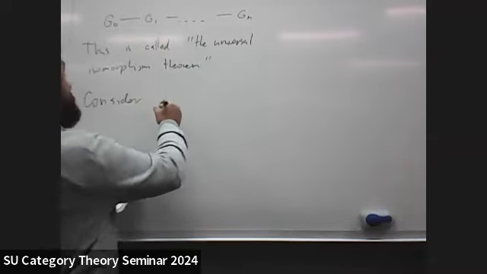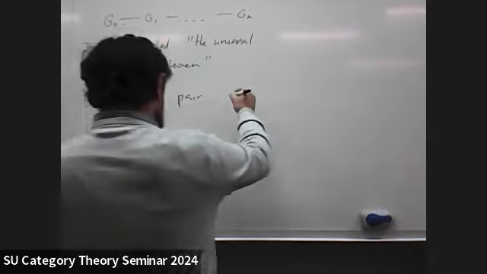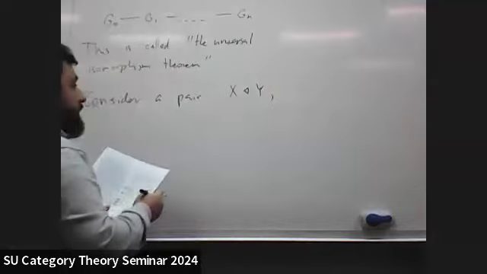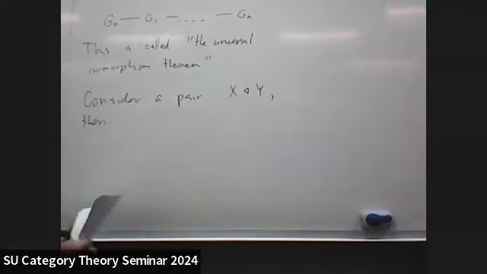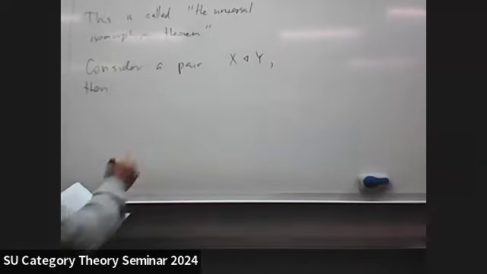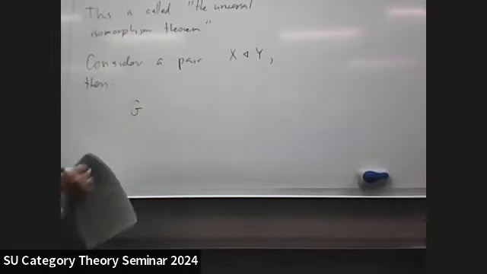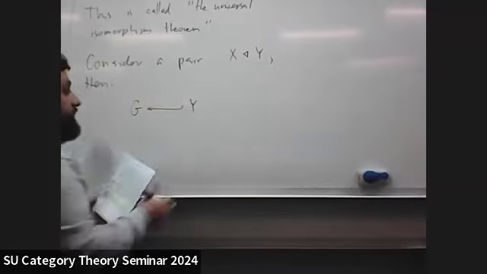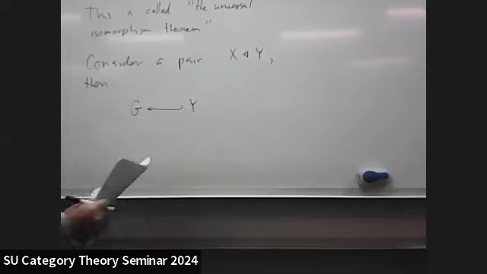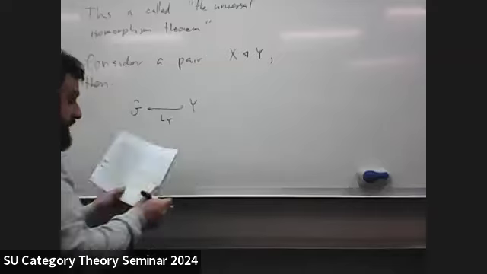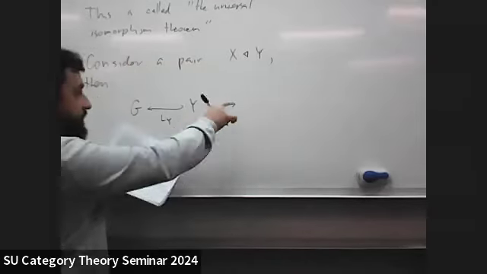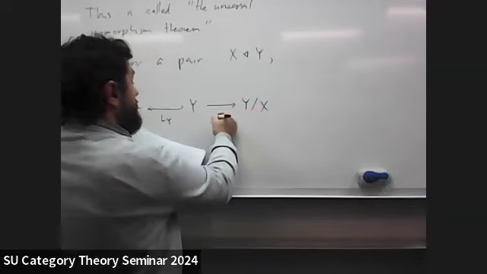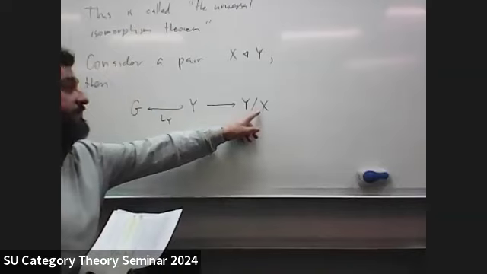a pair of subgroups. In other words, a subfactor. It gives rise to a zigzag. Which zigzag? If G is my group, I can embed in G the subgroup Y, now seen as a group of its own. And this embedding is called iota Y. And then I can project from Y to the quotient group, Y over X, by quotienting out by X. But this X now comes from G, right?